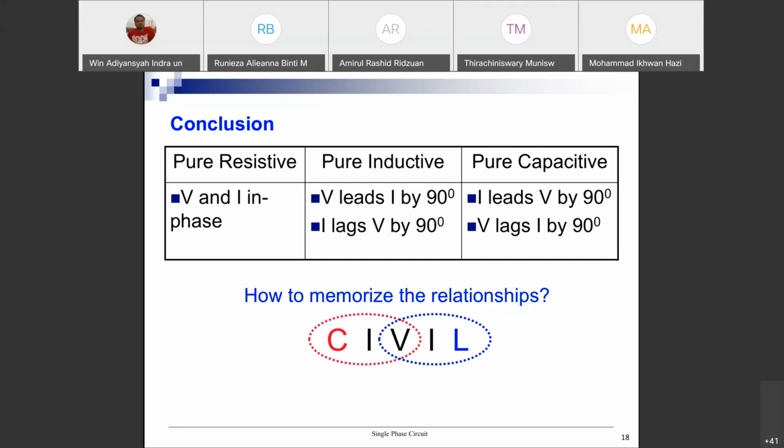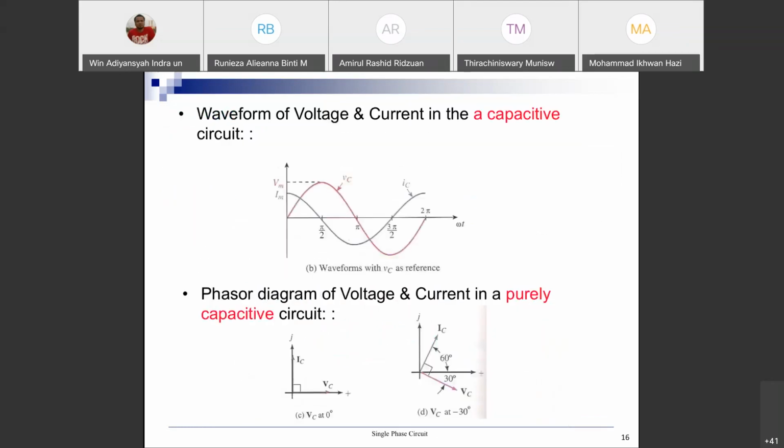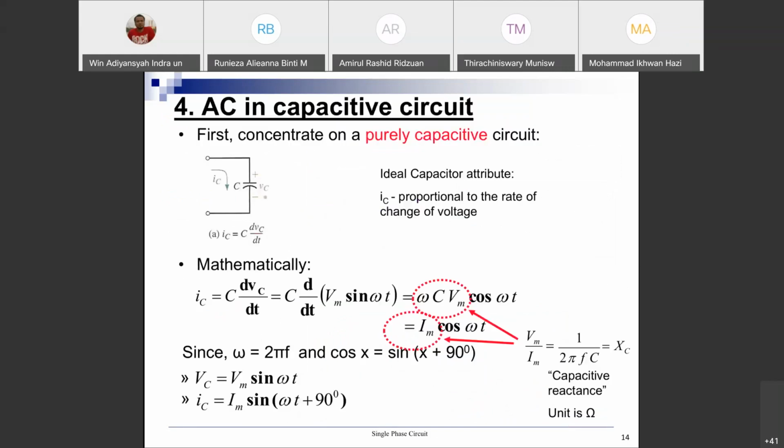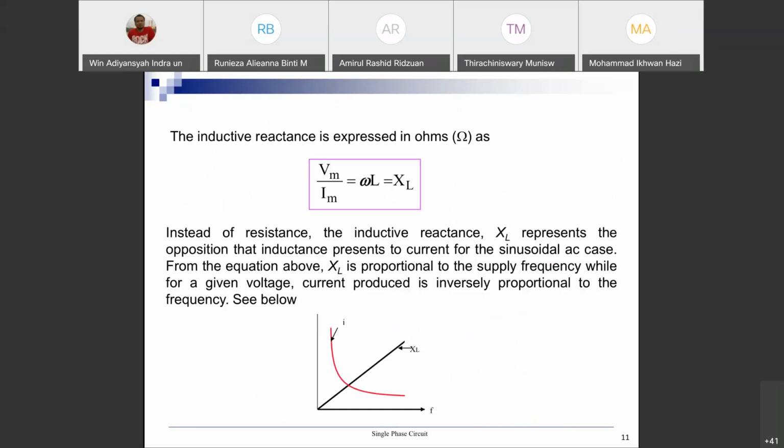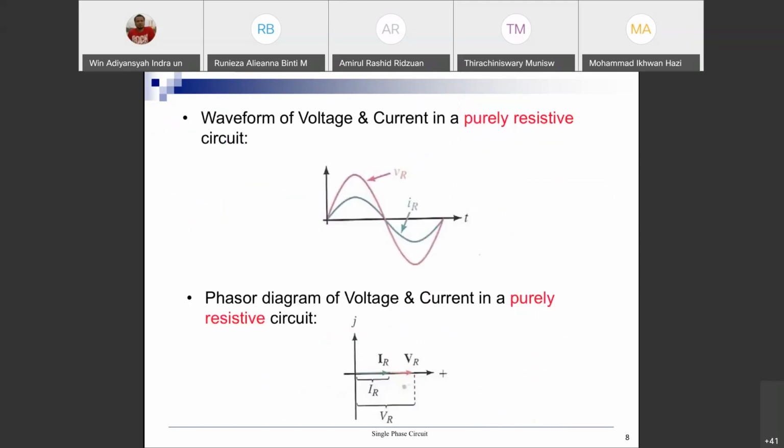Look at the example here, purely resistive. They start at the same point and end at the same point.